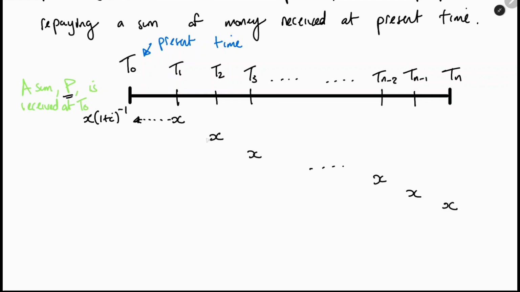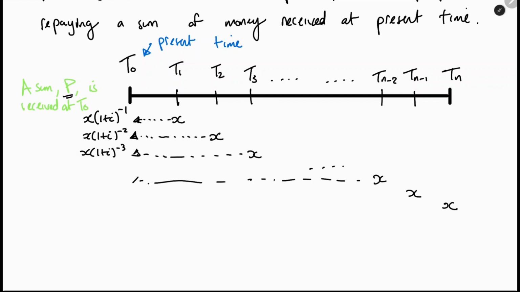This payment of x repayment, which is made at time 2 towards repaying P, will be decayed or discounted back 2 periods. So it's 1 plus i to the minus 2, and so on. So this one will be 1 plus i to the minus 3. This one will be x times 1 plus i. This one was made at time Tn minus 2, so this will be minus n minus 2, right?